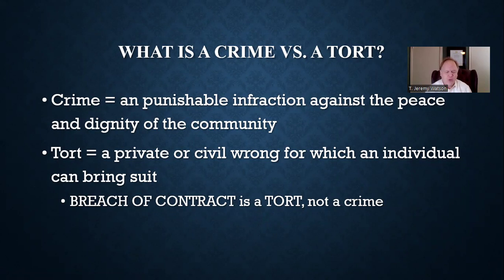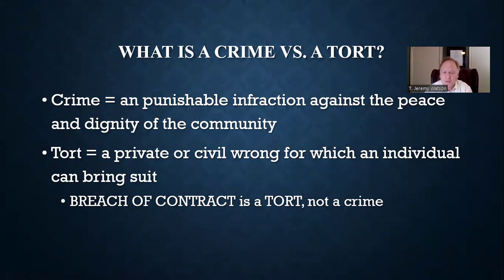If you wrong somebody in a way that violates the criminal law, that violates the peace and dignity of the state, then you have committed a crime. And those crimes are always defined and identified by statute. That's a constitutional requirement. Crimes are always brought and prosecuted by the government, right? The state or the city or the federal government.